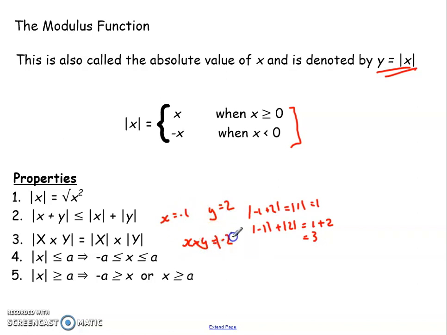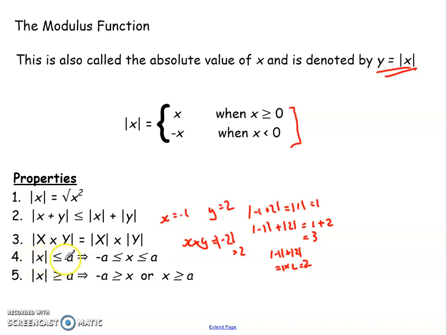If I then take the magnitude of that, I get a solution of 2. If I take the magnitude of x times the magnitude of y, I do the magnitude of -1 times the magnitude of 2, I then end up with 1 times 2, which is equal to 2. So I get the same answer out if I were to do that. So this property here holds for those values and holds for all the values of x and y.